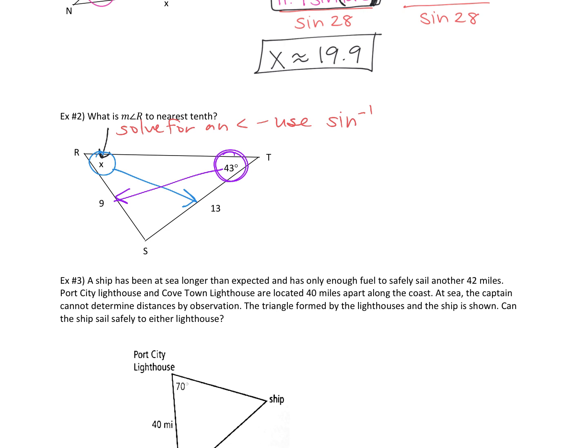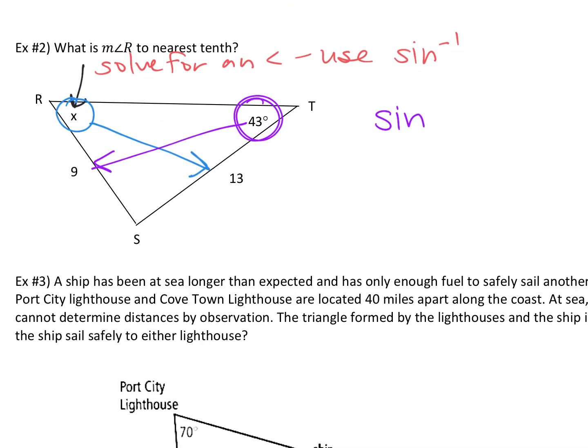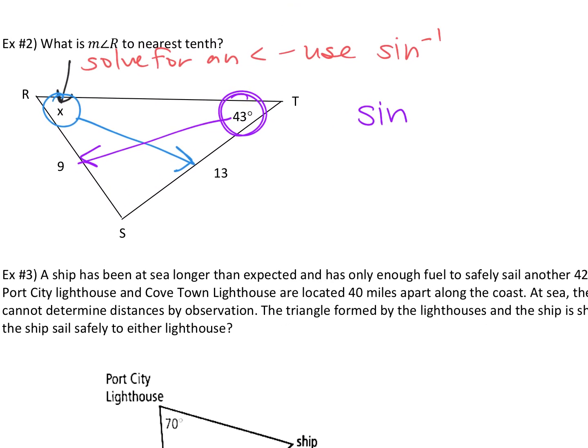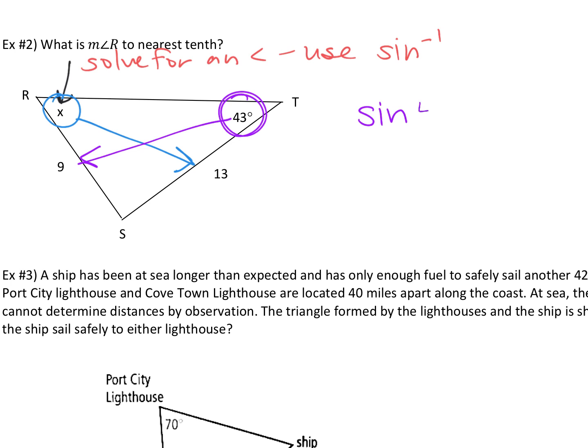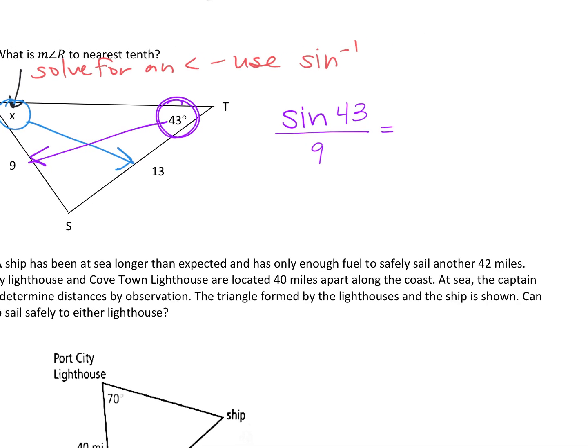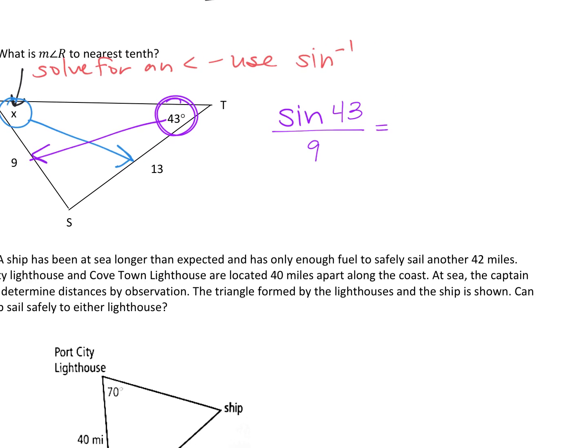So this is going to be the sine. I'm going purple here. Sine of what? I'm doing the purple one, but yes, you could do sine of x right now. Sine of 43 over what? 9. Good. Equals, what would the blue be? The sine of x over 13. Okay? So that's your proportion.